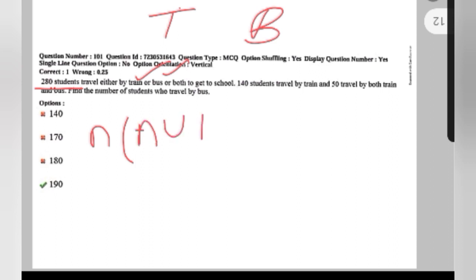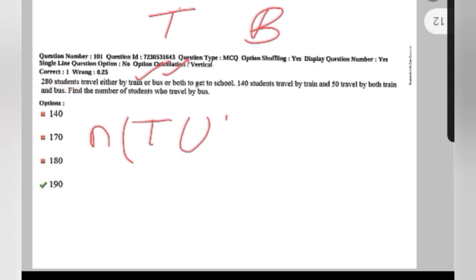The next question is: 280 students travel either by train or bus. Let's denote train as T and bus as B. So 280 students travel by the train or the bus or both, that is T union B, they have given you.